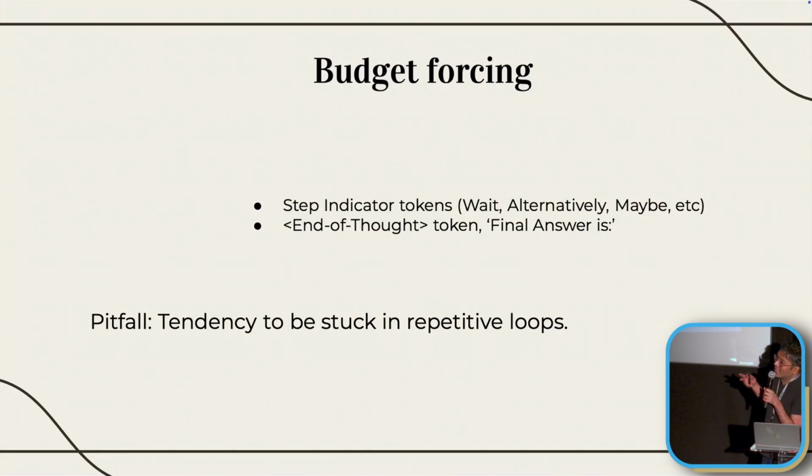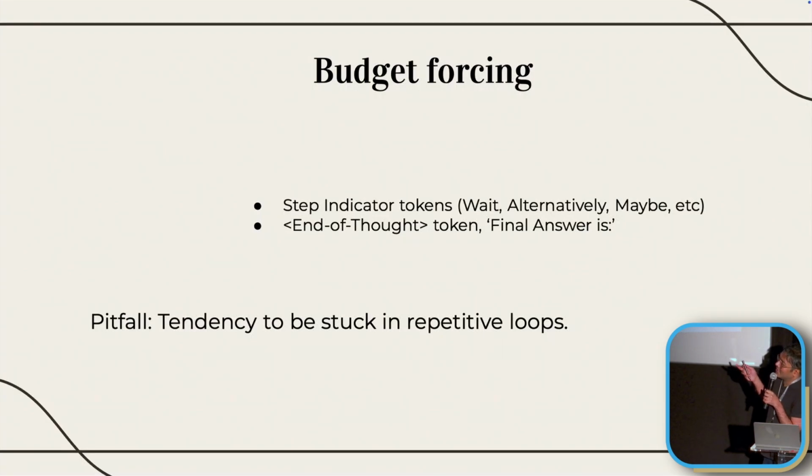You can also make it stop thinking if it's crossing the budget but it's not yet generating the answer, by using the end of thought token. Again, this differs by model, and then you put "final answer is" and you are forcing it to give the answer. So this is a very basic way to control thought.